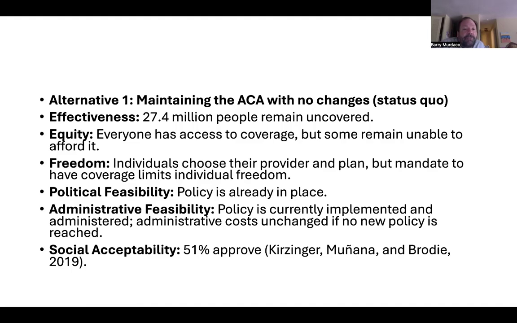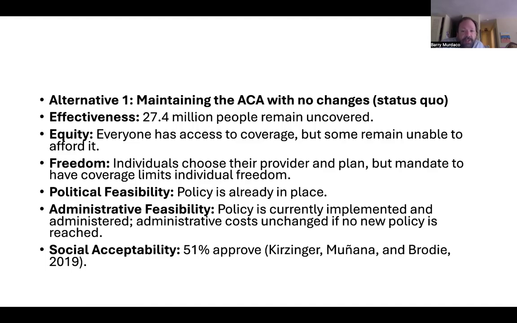Okay. Freedom, individuals choose their provider and plan, but mandate to have coverage limits individual freedom. Again, they also don't examine to what extent health insurance providers limit the freedom of their clients to use different healthcare providers. Political feasibility, policy is already in place.